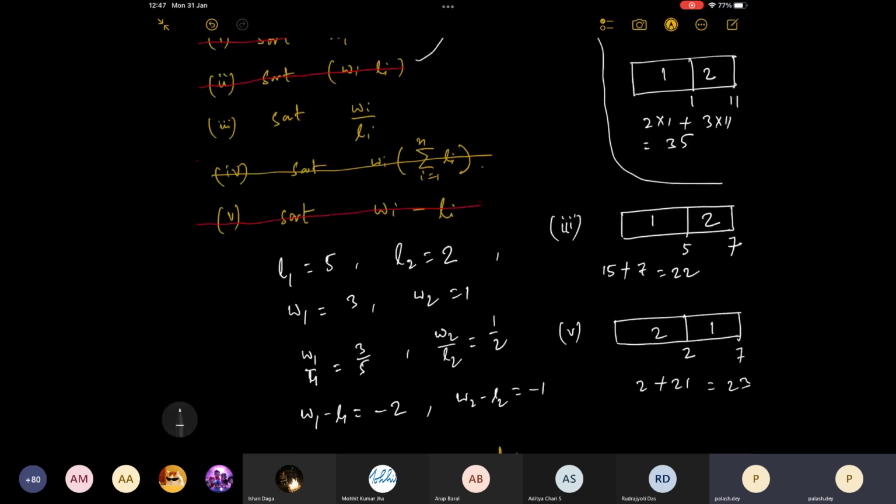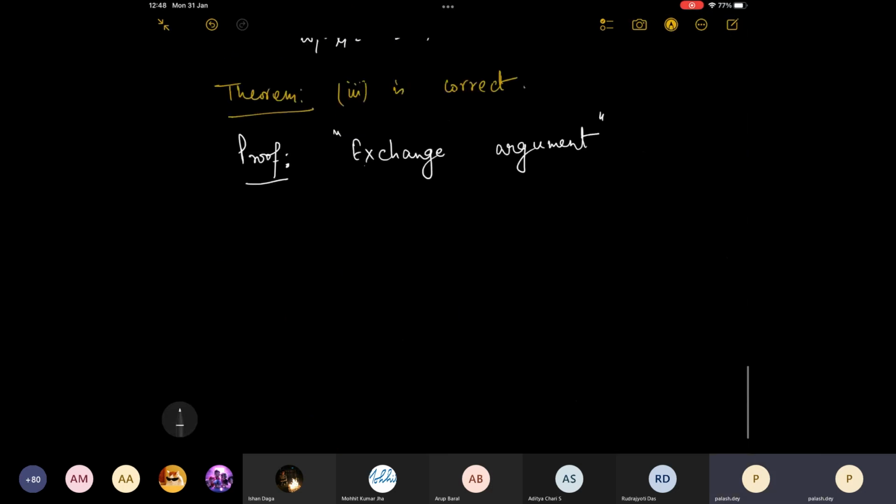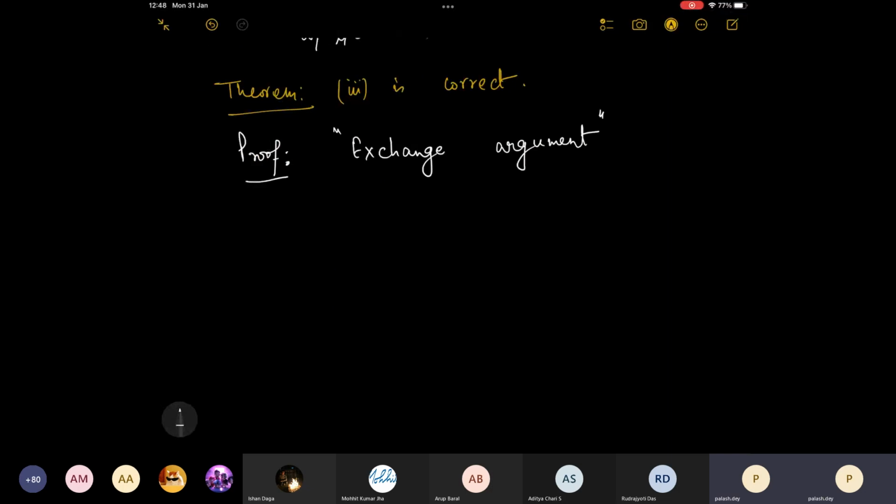The algorithm is to sort the jobs according to Wi by Li in decreasing order and perform those jobs accordingly. So by renaming the jobs, let's assume without loss of generality that this ratio is highest for the first job, followed by this.